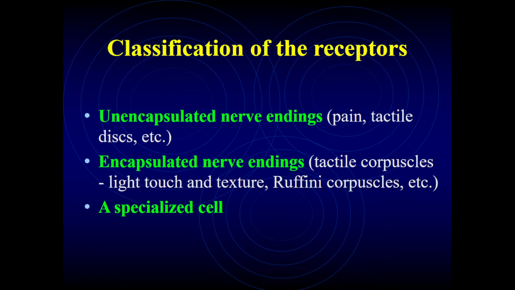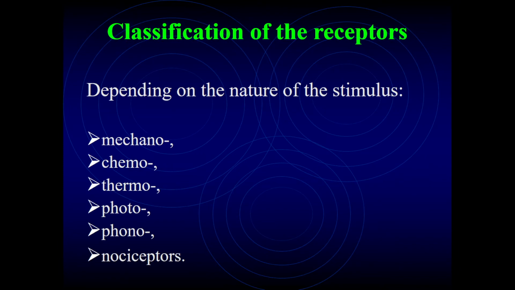The first classification, depending on the nature of the stimulus. There are mechanoreceptors, chemoreceptors, thermoreceptors, photoreceptors, phonoreceptors, and pain receptors or nociceptors.